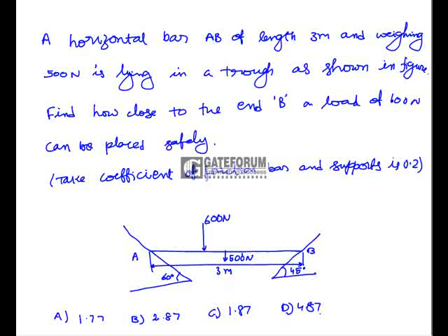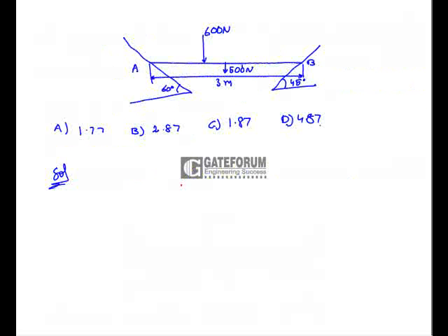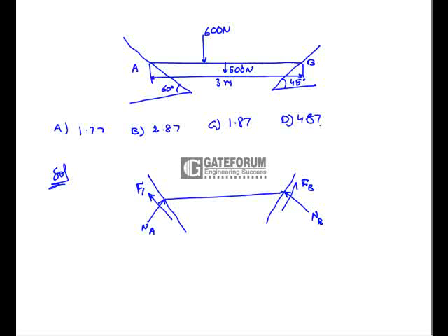So here first consider the free body diagram of the given problem. There are two reactions, one is NB and another one is FB, and here also it is NA and here it is FA.